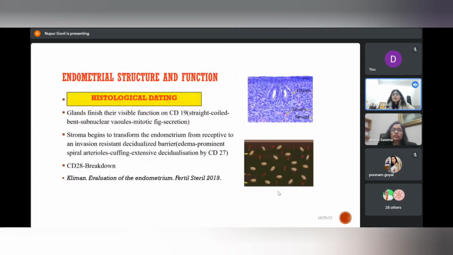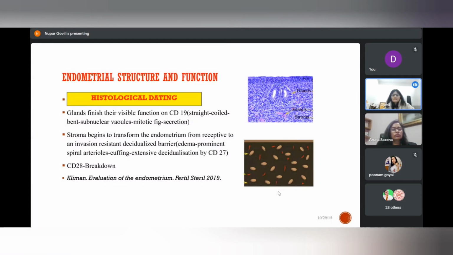So just a revision of our old histological aspect of the endometrium. We know that the endometrium has two aspects, glands and stroma, and under the influence of estrogen and progesterone they undergo a series of changes, starting from straight, then coiled, then bent, then subnuclear vacuoles.